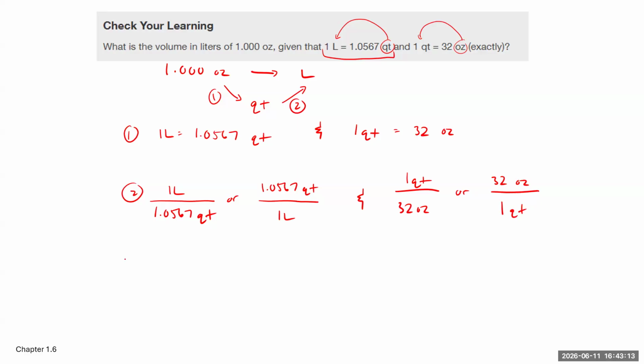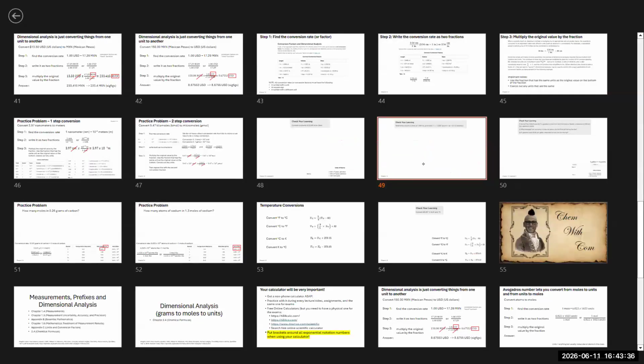All right. Step three, what's our original value? 1.000 ounces. So we have to find the conversion with the original unit on the bottom, and that's going to be this one right here.